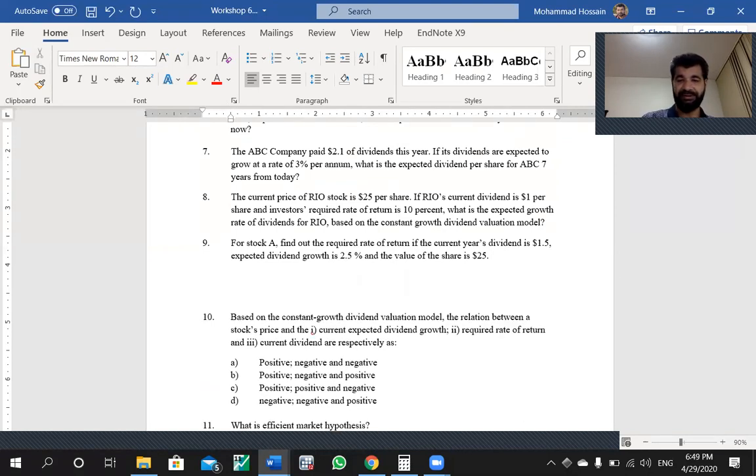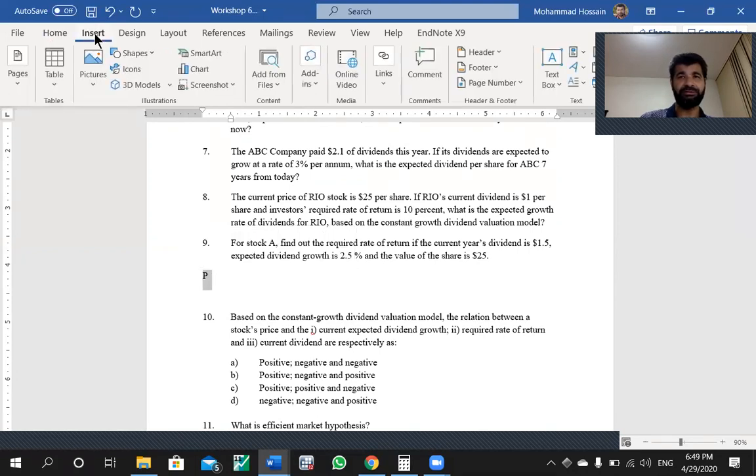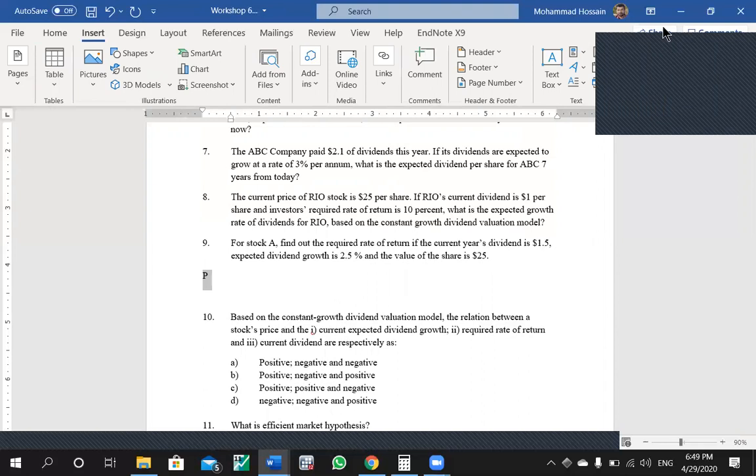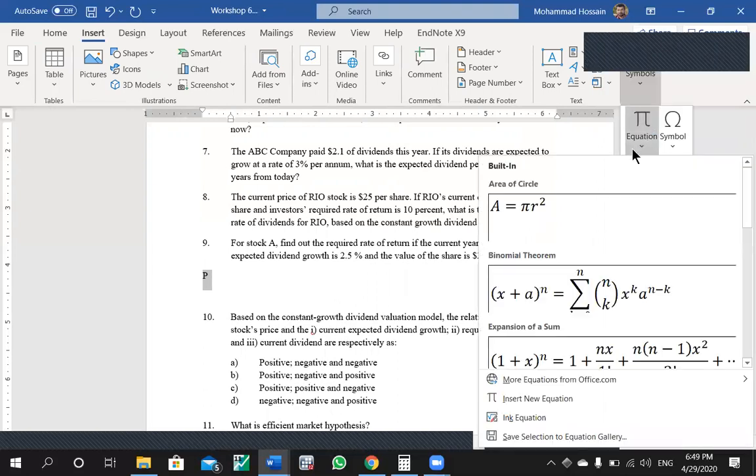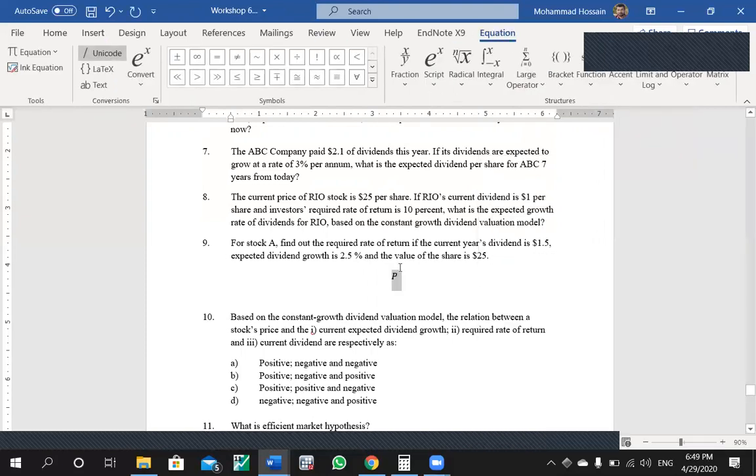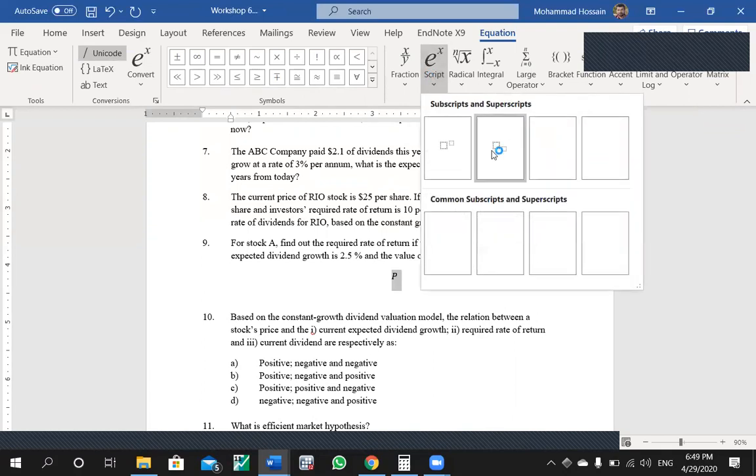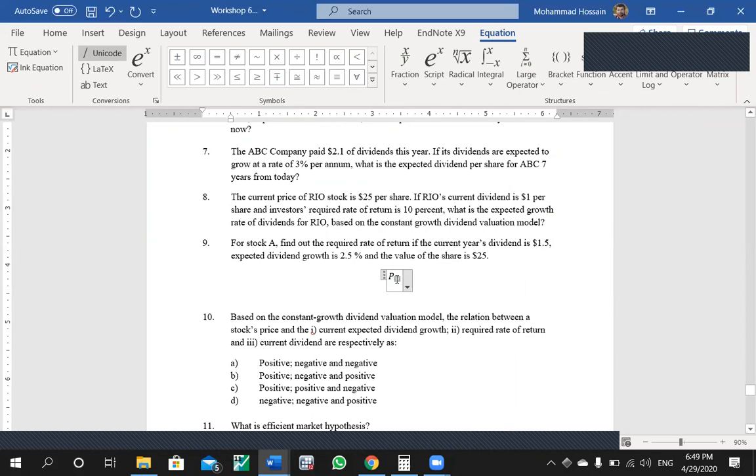So our P0 is equal to $25. Or I can write down the formula straight.